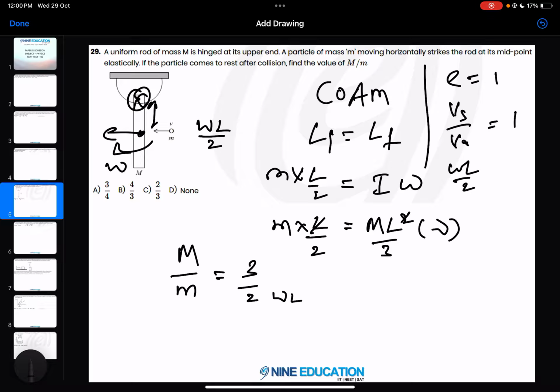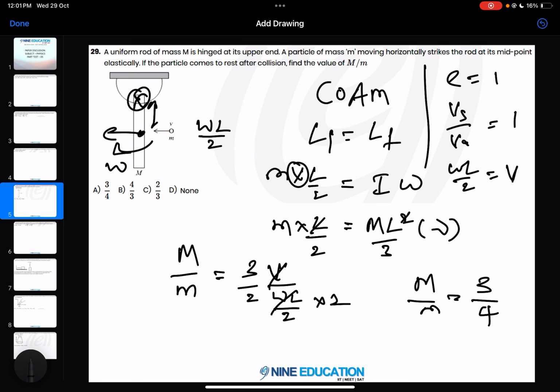So omega L by 2 must be equal to initial velocity v. Here we have m into L by 2 into v. So omega L by 2 is v. So multiply and divide by 2. These are same. So capital M by small m is 3 by 4, which will be option A.